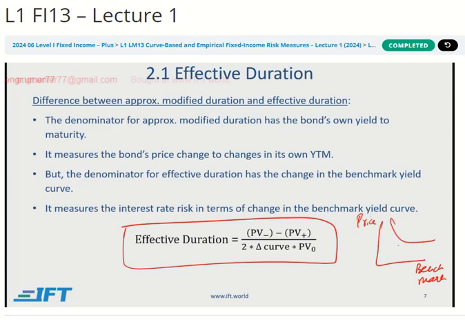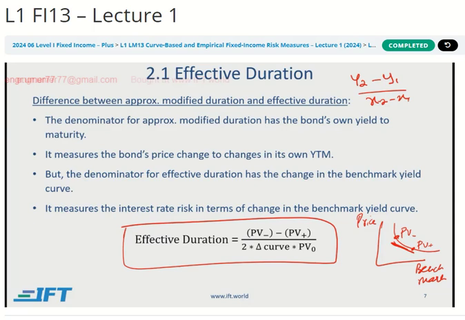And again, you're going to take a PV minus and a PV plus, and essentially you're trying to draw a line between these 2 points and get the slope of that line. I don't know how many of you remember from high school maths that gradient was calculated as y2 minus y1 over x2 minus x1. That's the formula we studied to get the gradient, the slope.